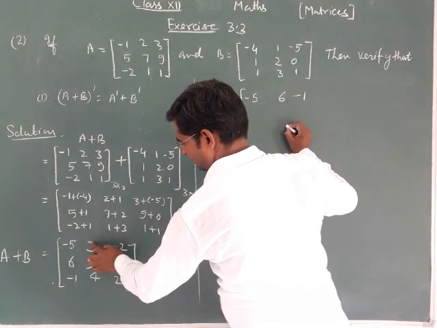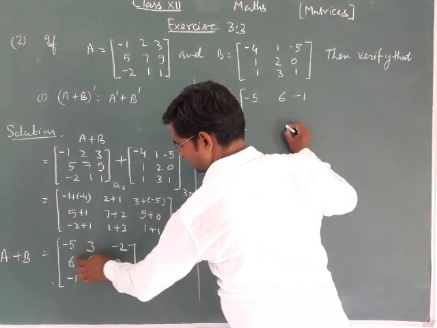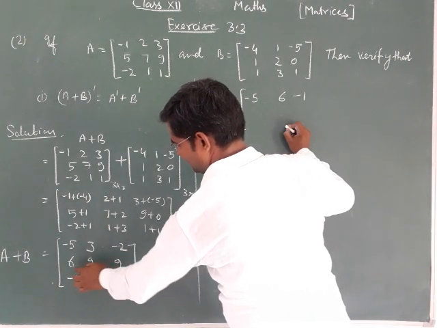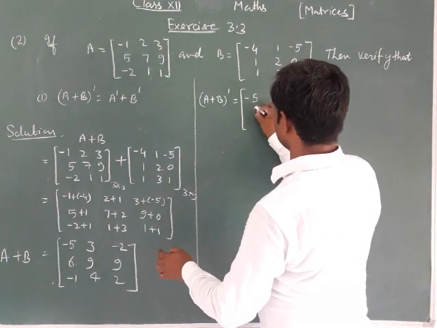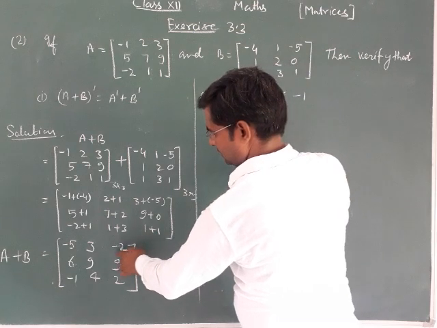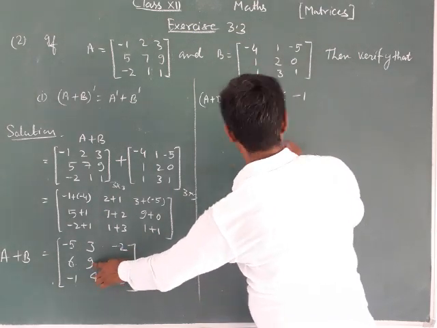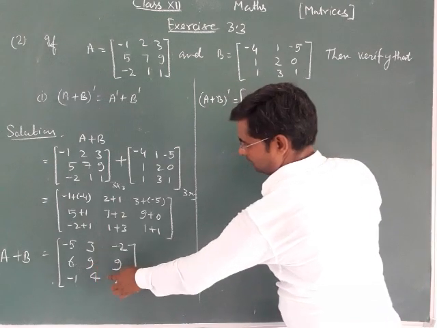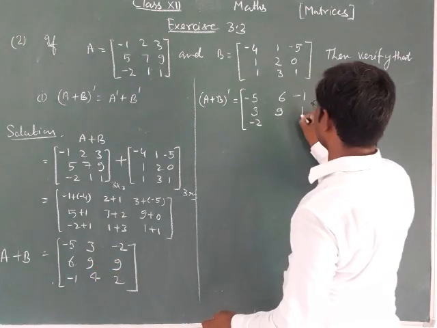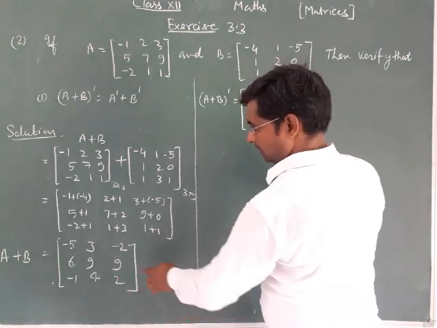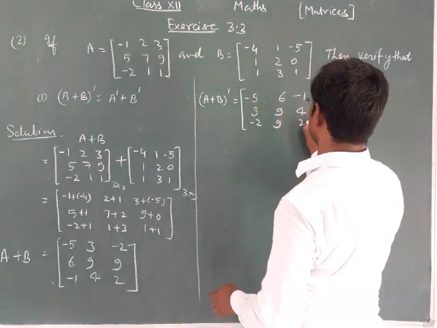So replace 3, 6 and replace 2, minus 1. Also change here. So this is 3 and this is minus 2. And also 9 and this is 4 and 9 and 2.